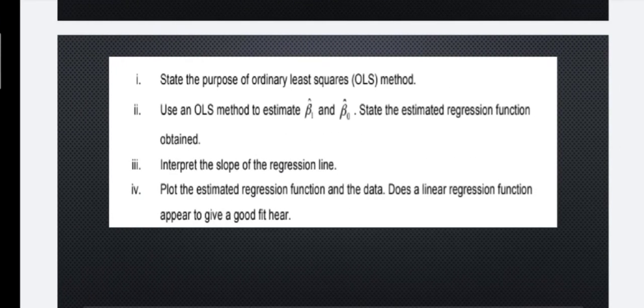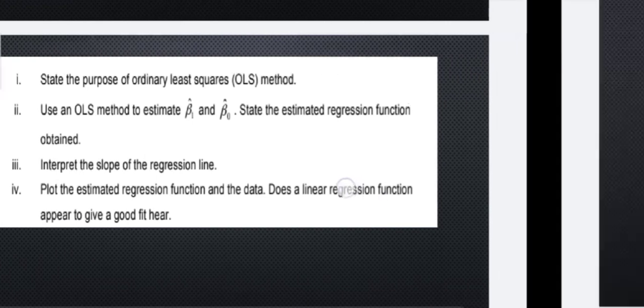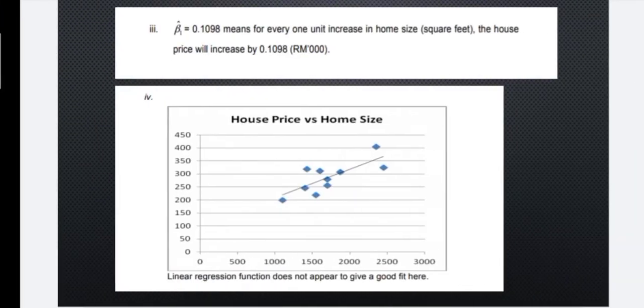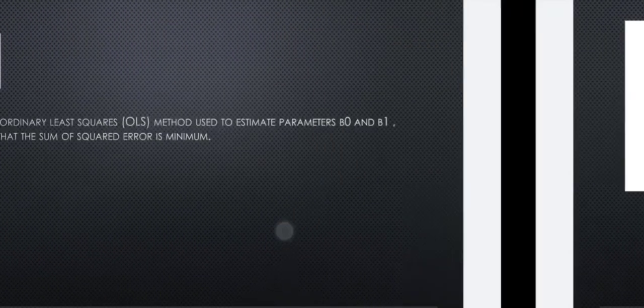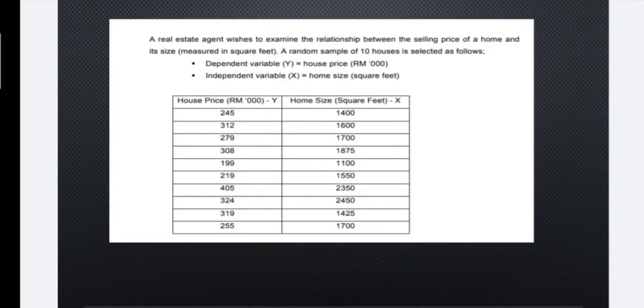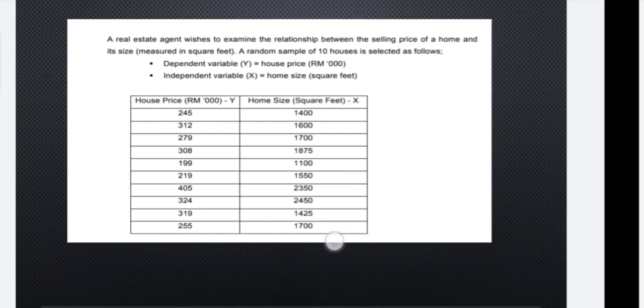Okay, the next question is interpret the slope of the regression line. Okay, you need to interpret the slope. So the value tadi slope-nya adalah 0.1098 and then dia punya unit untuk Y adalah in thousand, right? In thousand, and unit untuk X adalah square feet.